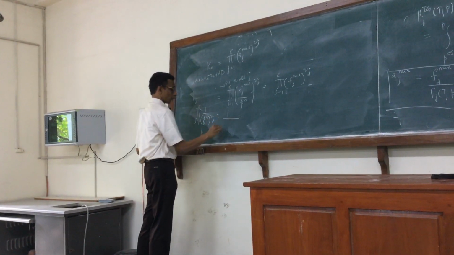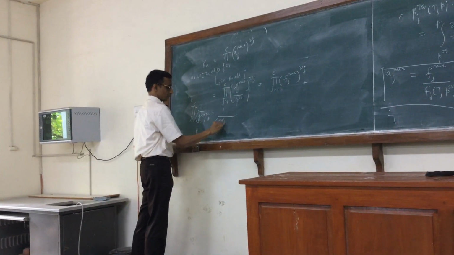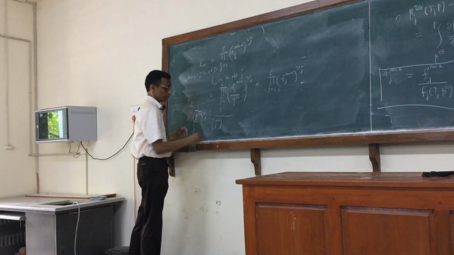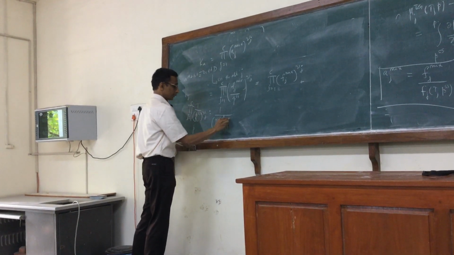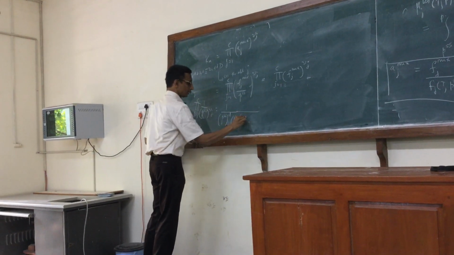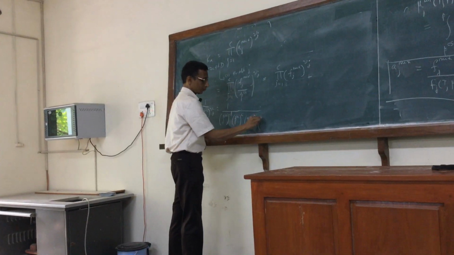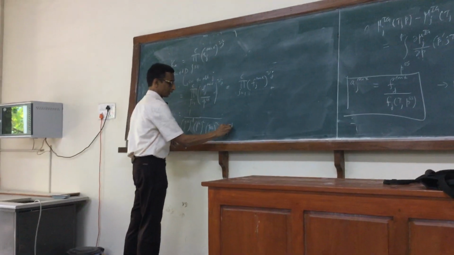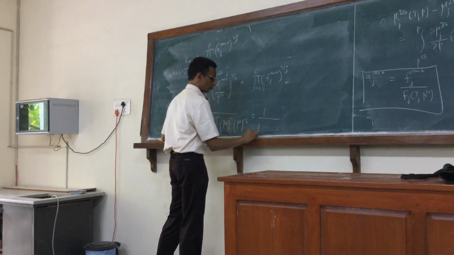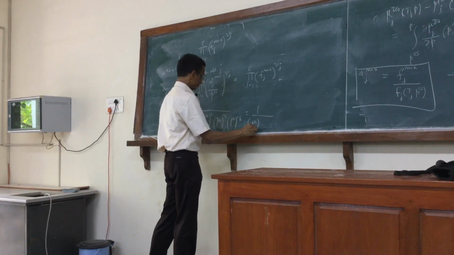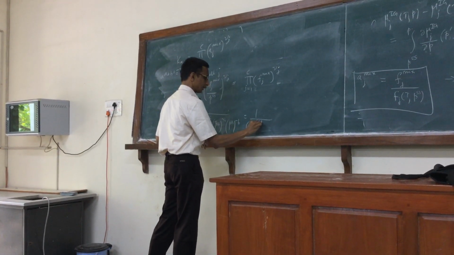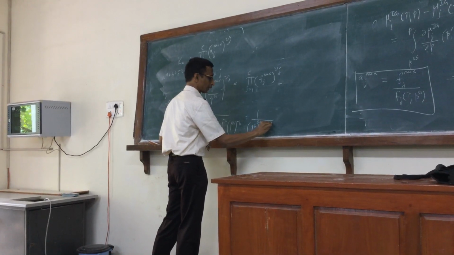It would be 1 over PSS to the power D times PSS to the power C times PSS to the power minus A and PSS to the power minus B. It would be 1 over PSS raised to the power C plus D minus A plus B.